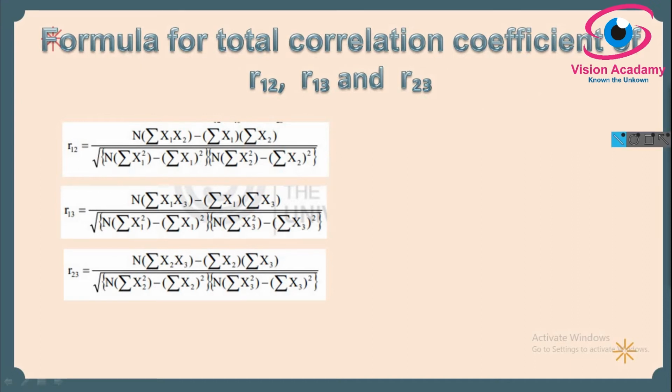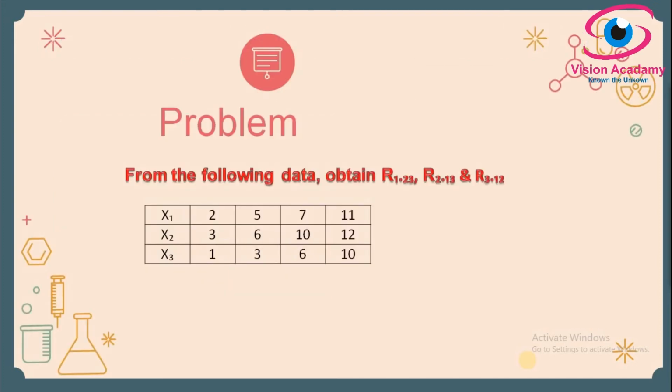Now let us consider a problem first, then we can apply the total correlation coefficient and multiple correlation. I have taken a very simple problem to make you understand easily. From the following data we need to obtain R1.23, R2.13 and R3.12. Since we are computing multiple correlation coefficients, we need more than two variables.